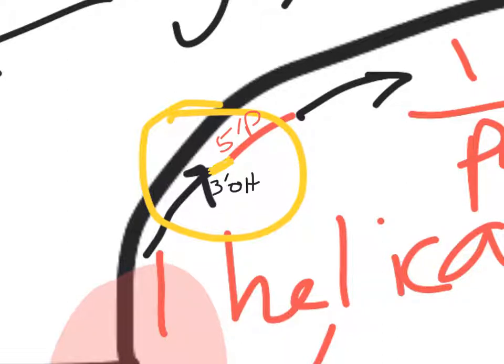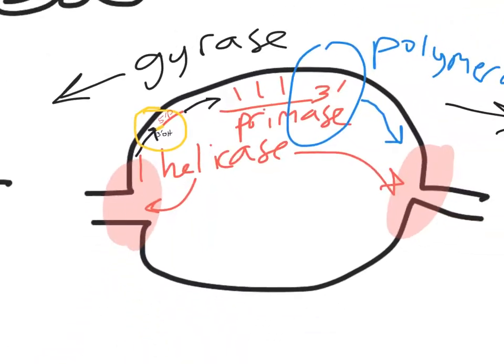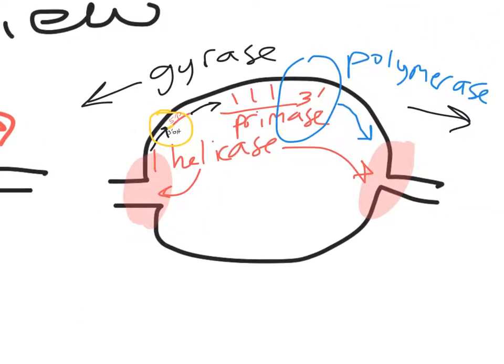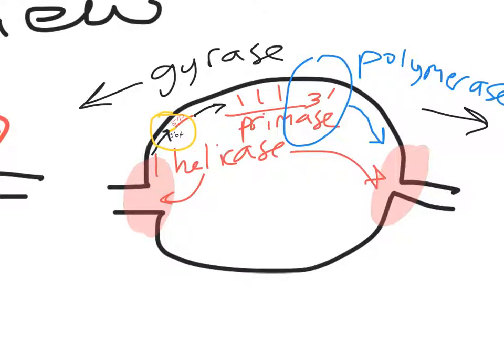And it does that every time there's a break in the backbone, which is where every lagging strand synthesis step has completed. There's always going to be a break there. Ligase has to come in and reconnect the backbone. Gyrase, polymerase, primase, helicase, ligase. Were there any others? I think that's it.